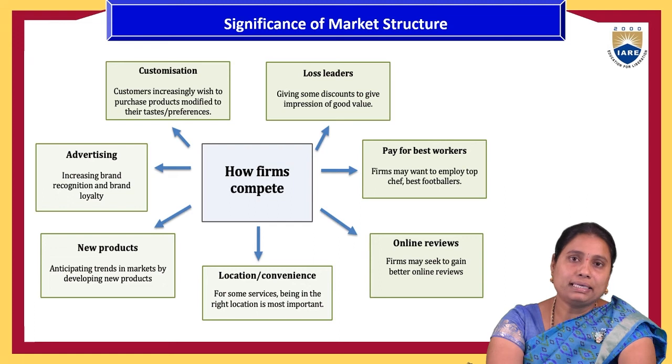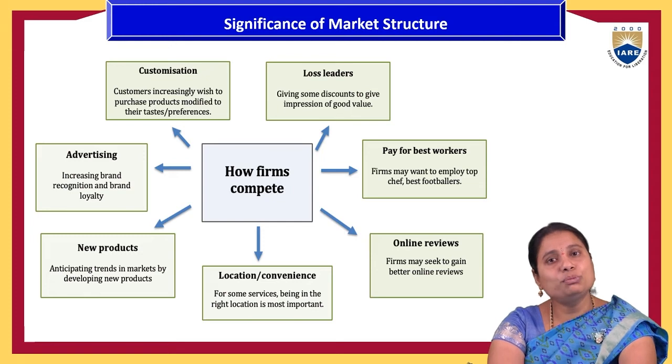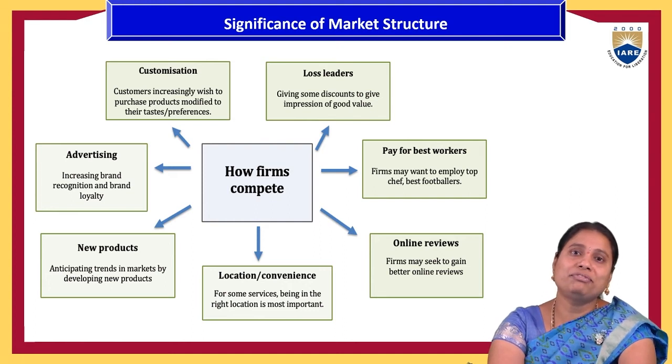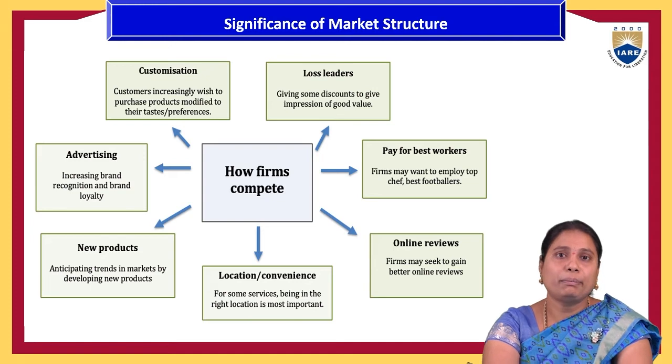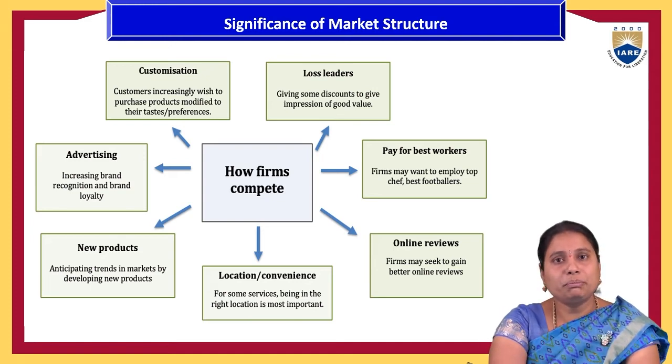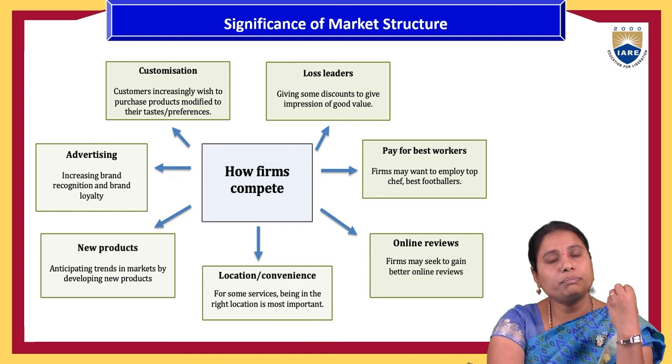If the buyer or the seller has the best knowledge of the market structure, then it is possible for the seller to provide customized products, customized as per the taste and preferences of the customer. For example, in that market, one qualitative product is available, the price is very high, and the customers are all purchasing that product because there is no alternative.